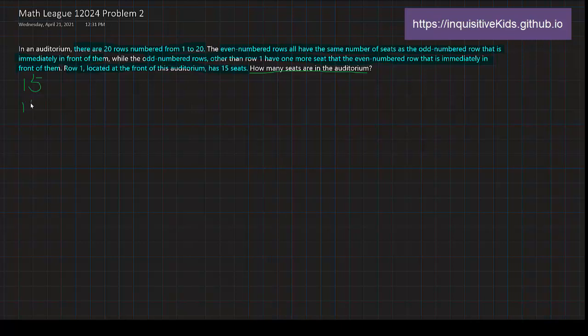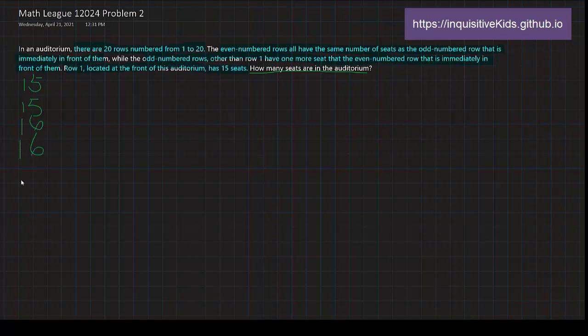That makes row 2 have 15 seats. Let's keep going. Odd-numbered rows other than row 1 have one more seat than the even-numbered row that is immediately in front of them. So that means row 3 will have one more seat than 15 seats, which would be 16 seats.